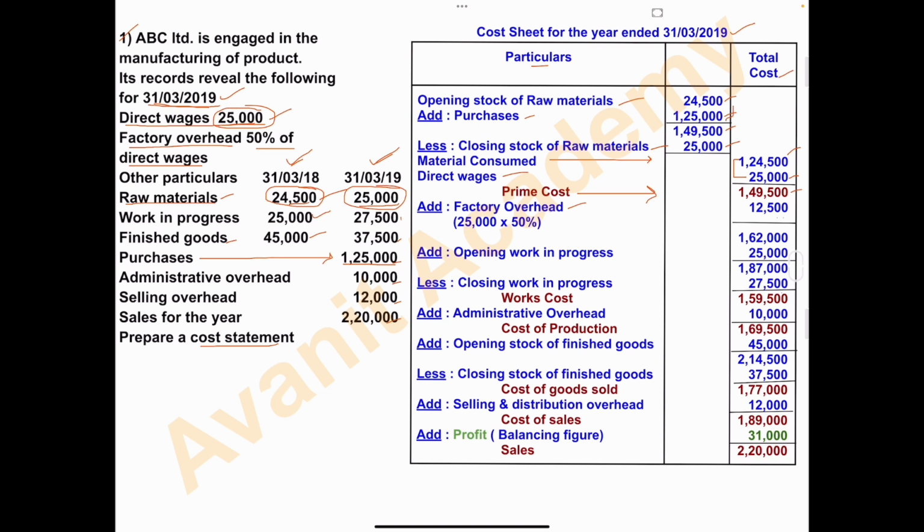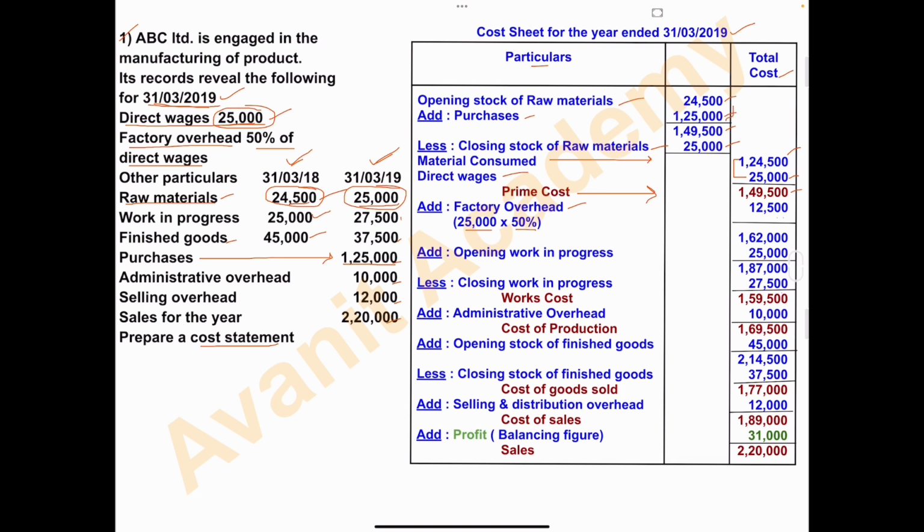So right here add factory overhead, and the direct wages amount is 25,000. Write in bracket 25,000 into 50%, because in the problem they have clearly mentioned that factory overhead should be 50% of direct wages, and the direct wages amount is 25,000. So 50% of 25,000 we have to take as factory overhead.